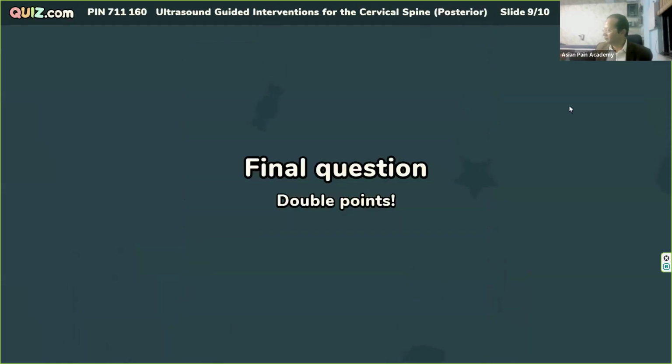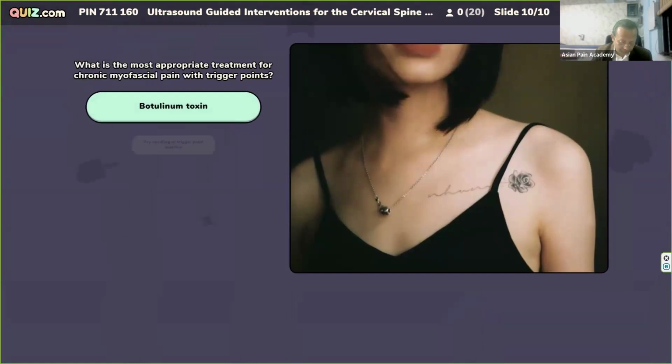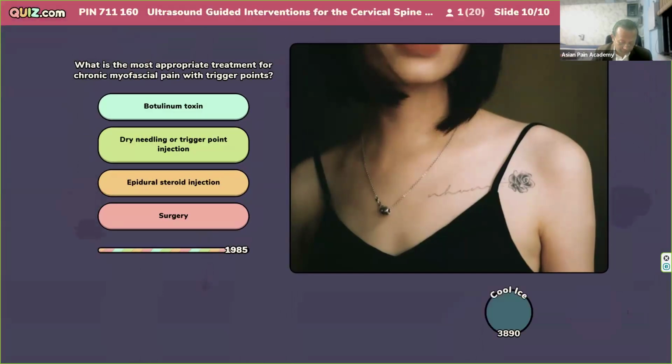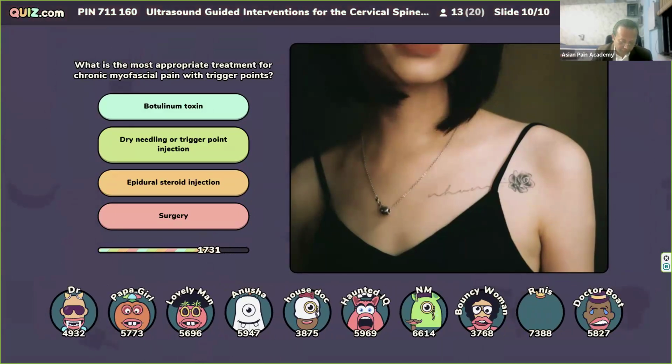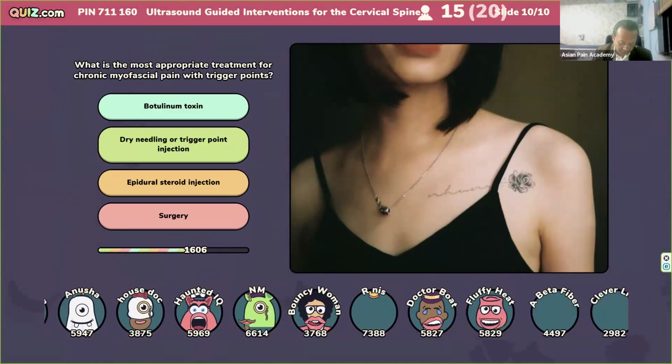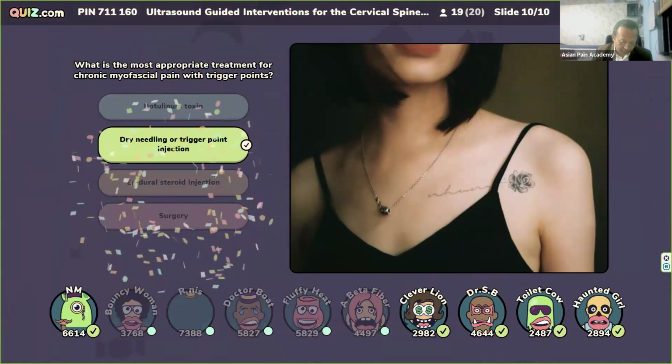Final question, double points. What is the most appropriate treatment for chronic myofascial pain with trigger points? Dry needling or trigger point injection.